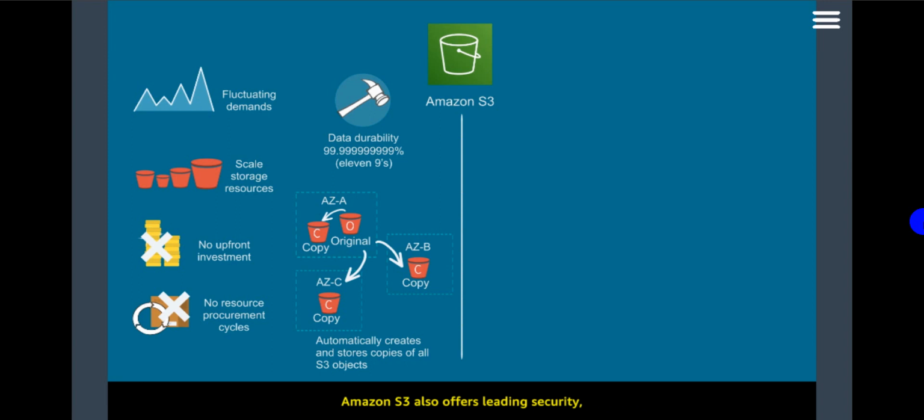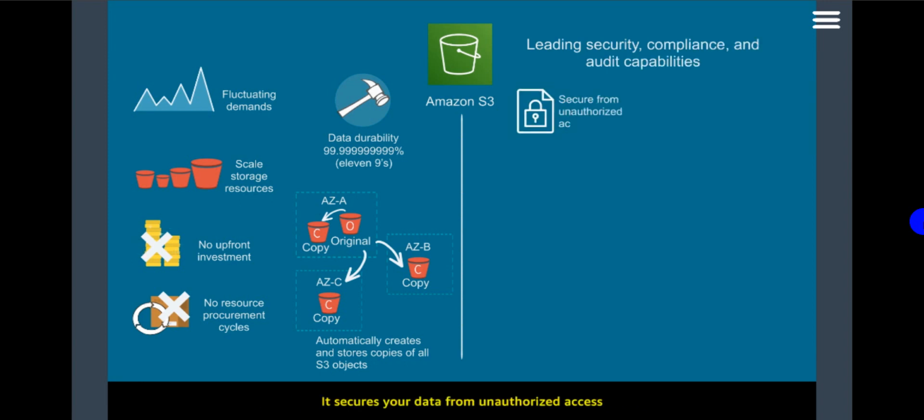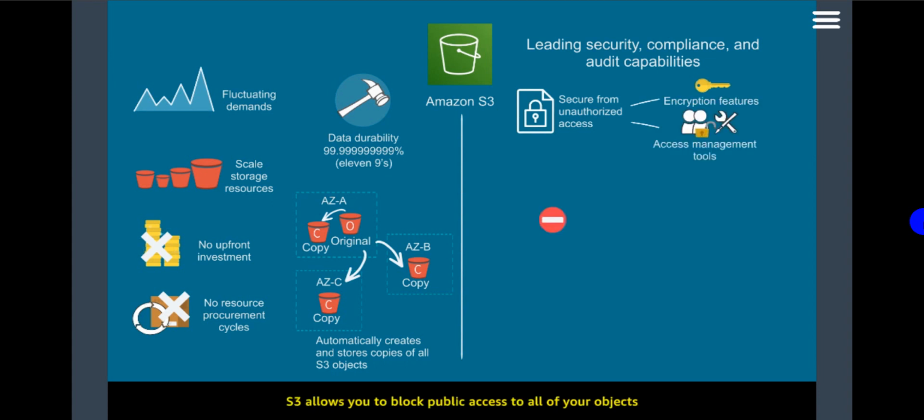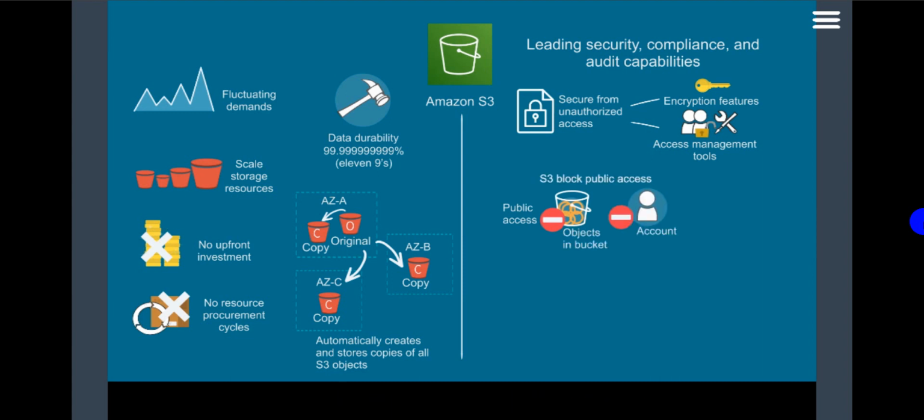Amazon S3 also offers leading security, compliance and audit capabilities. It secures your data from unauthorized access with encryption features and access management tools. S3 allows you to block public access to all of your objects at the bucket or the account level, with S3 Block Public Access.